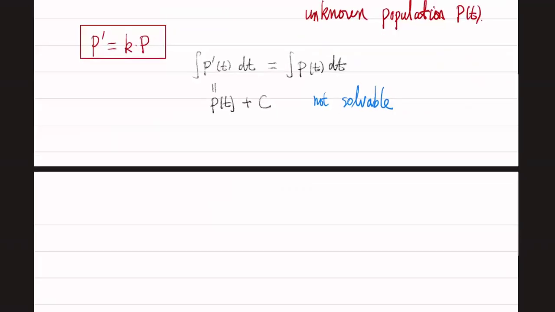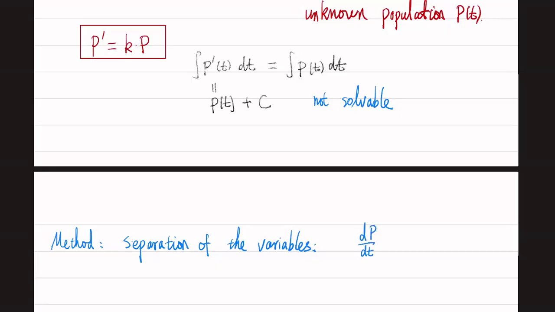So the method: we rewrite this using the definition of the derivative, dp/dt.